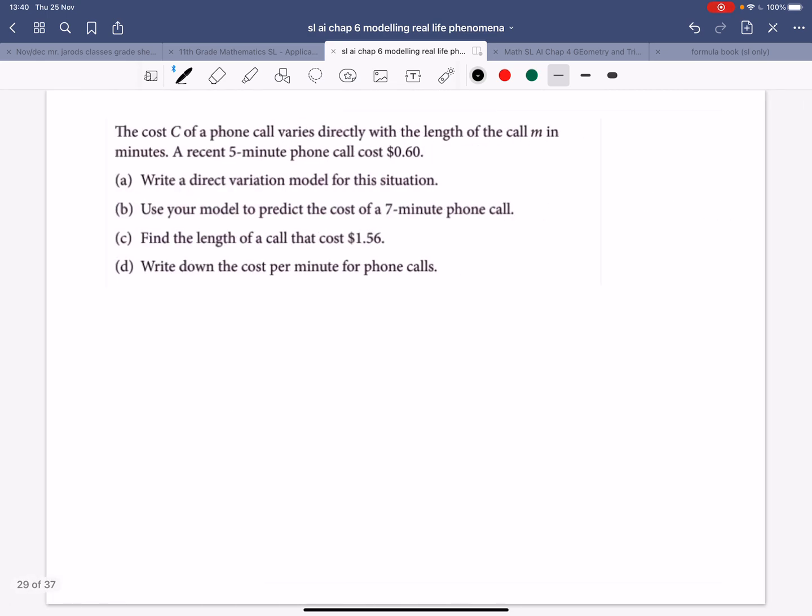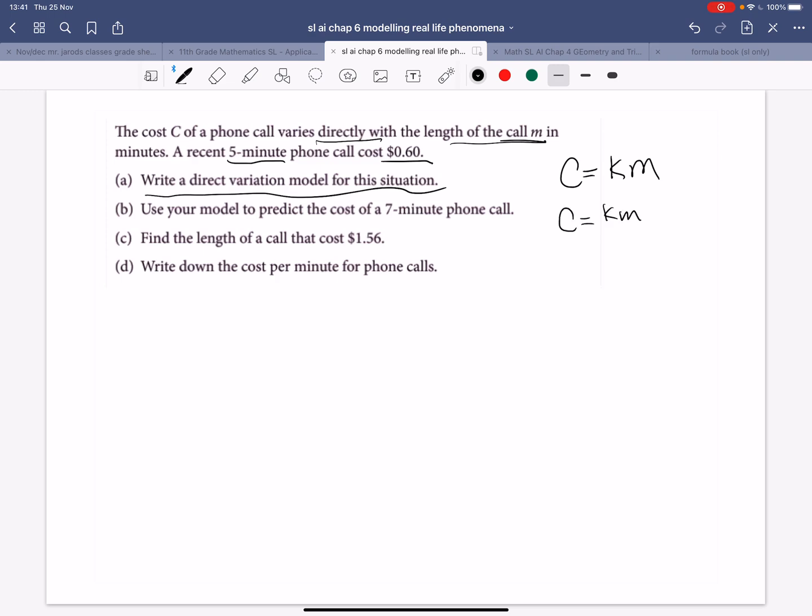Perfect. All right, the cost of a phone call varies directly with the length of the call, m, in minutes. Okay, so the cost varies directly, so k times the length of the call, k times m. A recent 5-minute phone call costs 60 cents. Write a direct variation model for this situation. So c equals km.